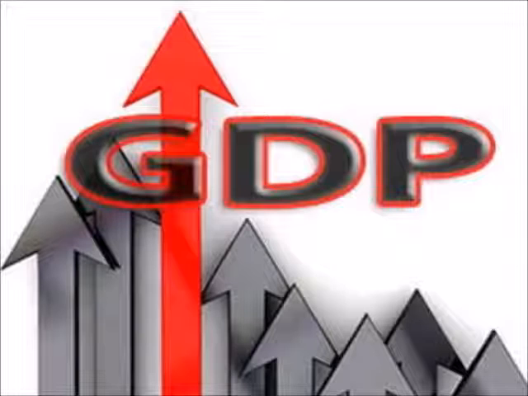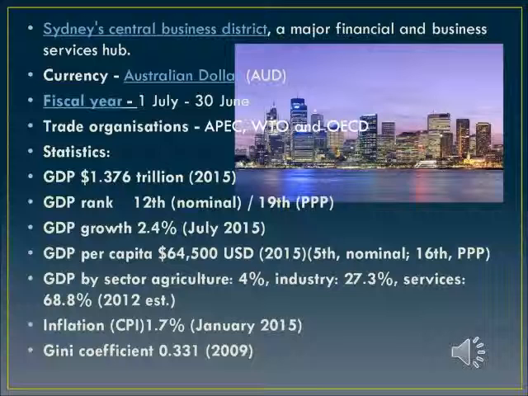Economic growth is largely dependent on the mining sector and agricultural sector, with the products exported mainly to the East Asian market. Sydney's central business district is a major financial and business service hub.